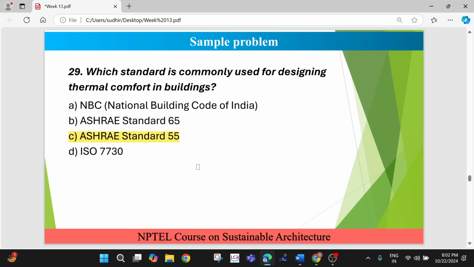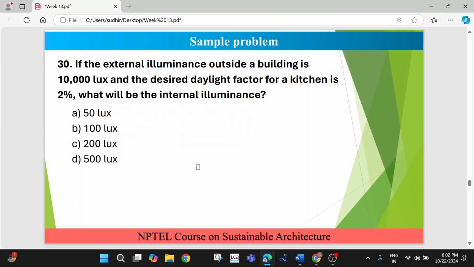So here is the next question. This one also I think you will be able to solve. If the external illuminance outside a building is 10,000 lux, what will be the internal illuminance if the daylight factor for a kitchen is 2%?